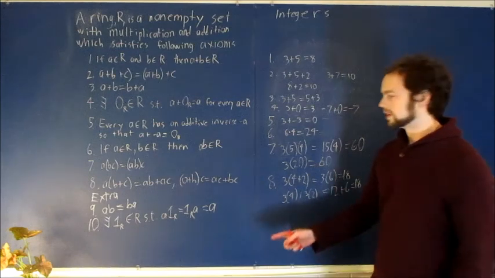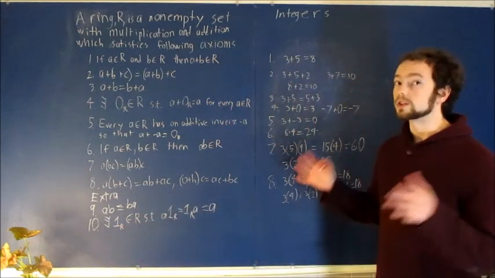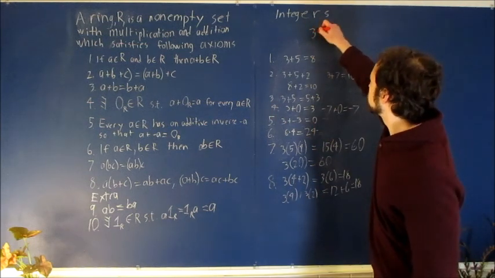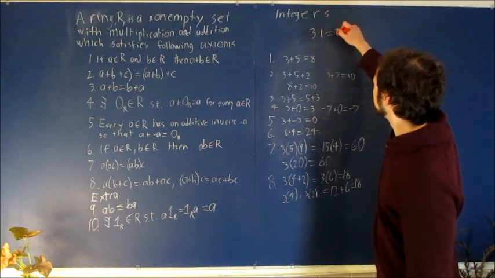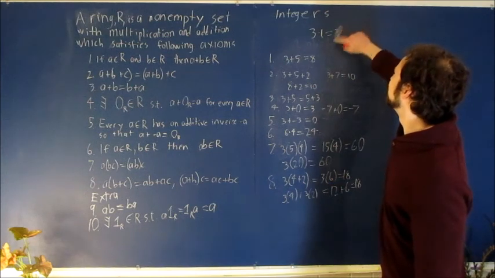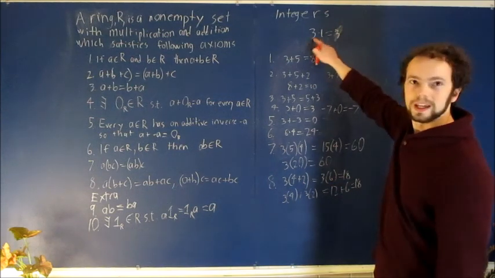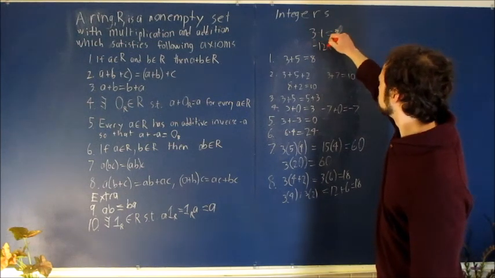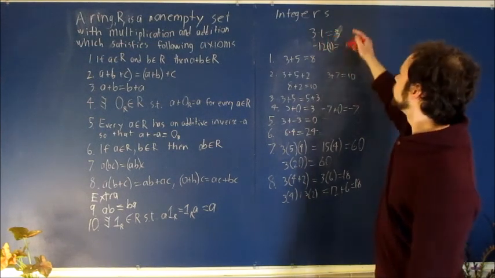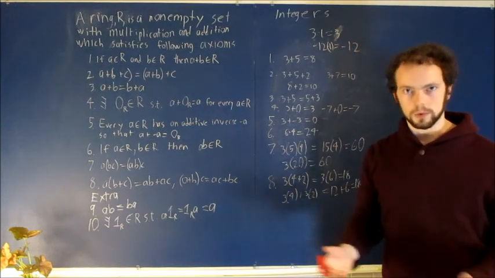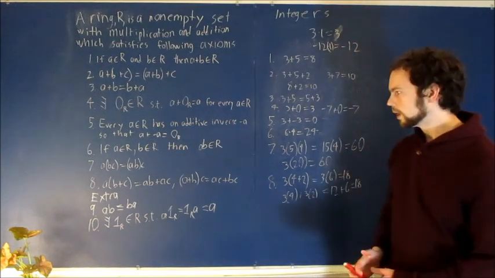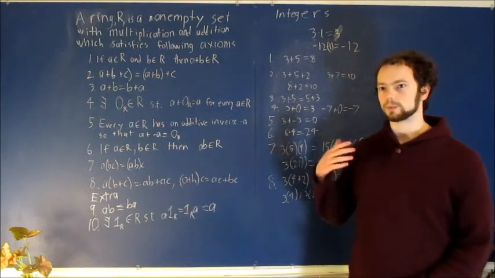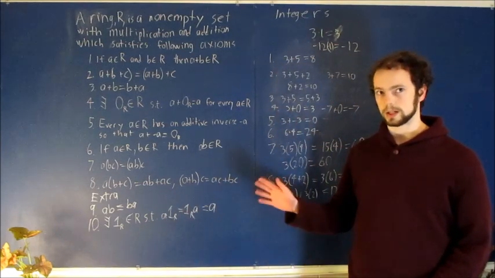For the integers, this multiplicative identity is just the number 1. If you multiply 3 times 1, you get 3. If you multiply negative 12 times 1, you get negative 12. If a ring has this property, it's often called a ring with identity.